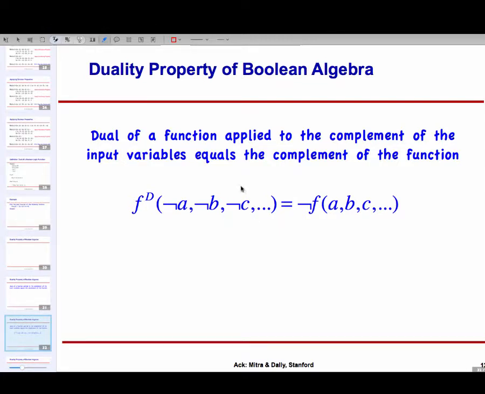Okay, so I had again inputs a, b, c, and I want to compute f of a, b, c. Then what I could do is compute the dual of f where I feed as input not a, not b, not c, and I can take the complement of the whole thing. So I can move this not to this side. So a function is the same as the complement of the dual applied on inputs which have been complemented.